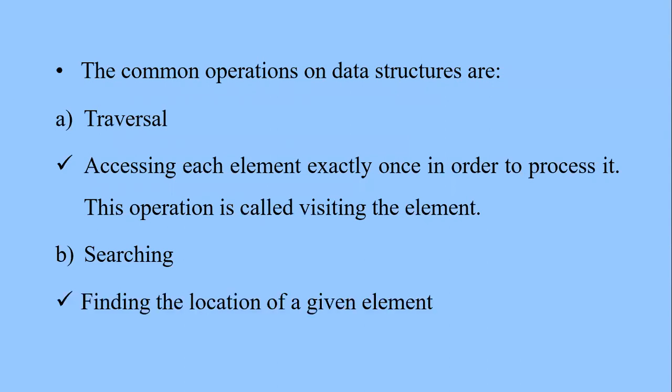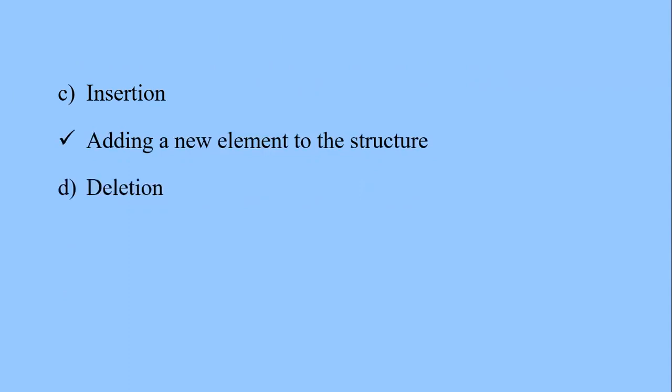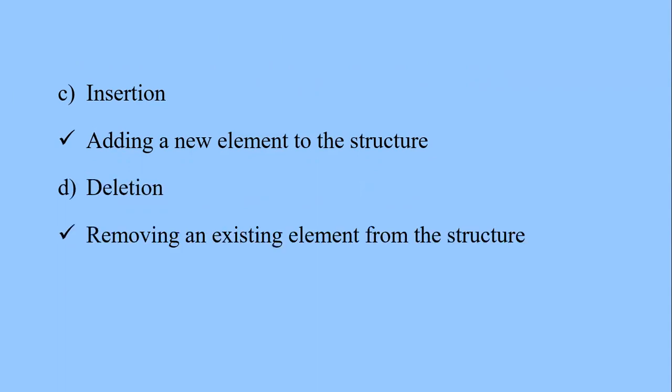This is finding the location of a given element within the structure. Number three is insertion. This is adding a new element to the structure. Number four is deletion. This is removing an existing element from the structure.